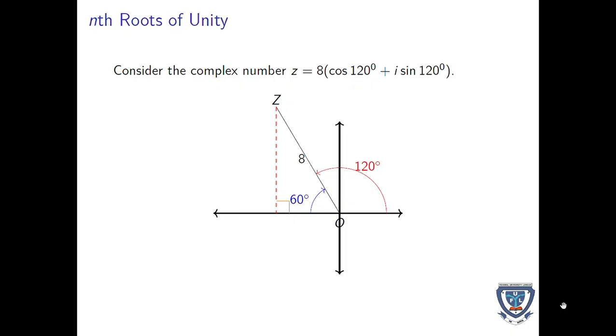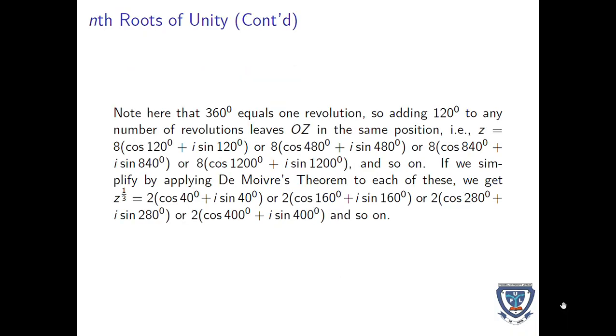Let's look at roots of unity. Consider the complex number z, which is equal to 8(cosine 120 degrees plus i sine 120 degrees). Note here that 360 degrees equals 1 revolution, so adding 360 degrees to 120 degrees, any number of times, leaves OZ in the same position.